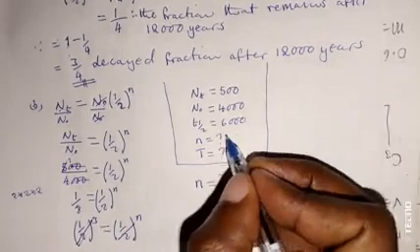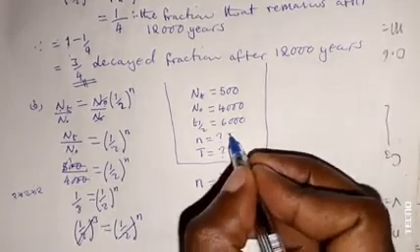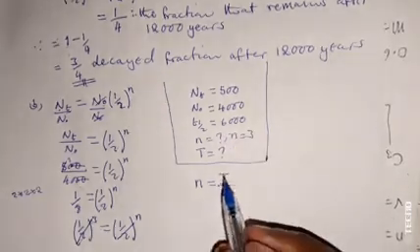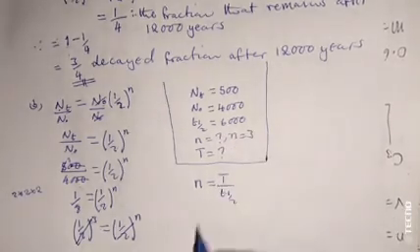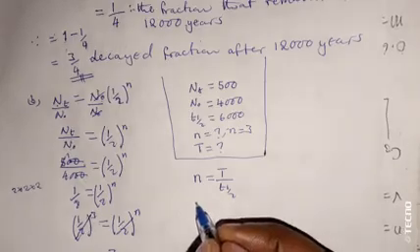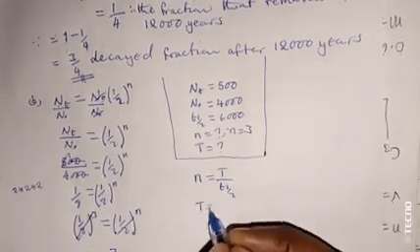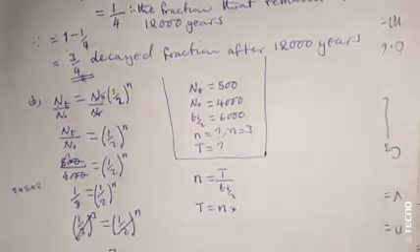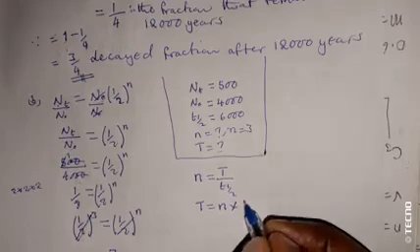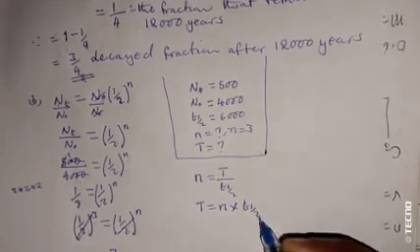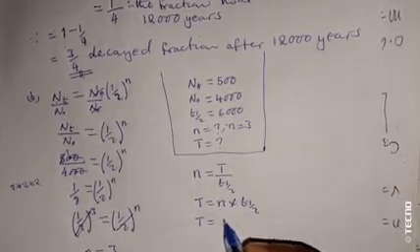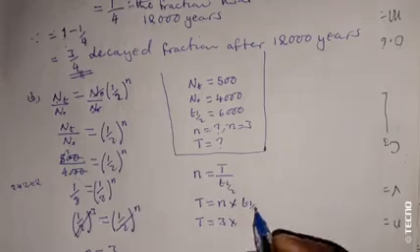Here our n is equal to 3. So in simple terms, t is equal to n times half-life, where n is 3.